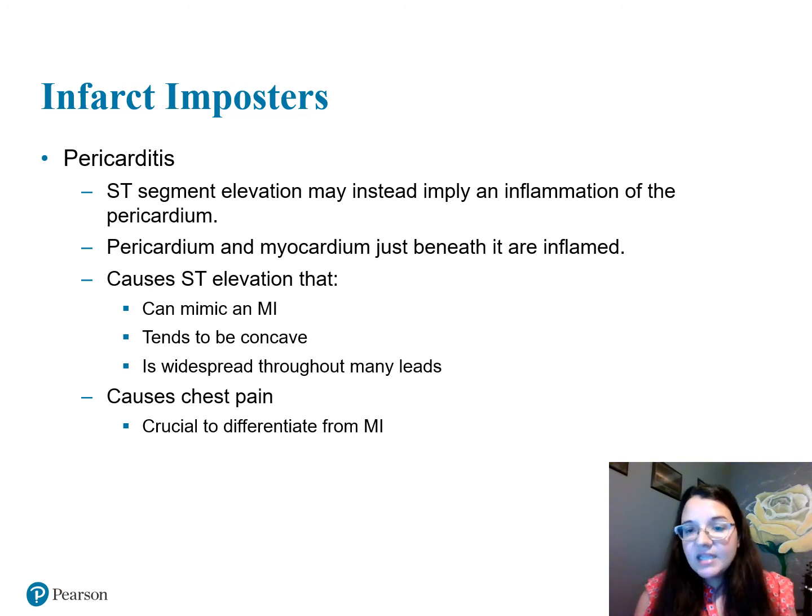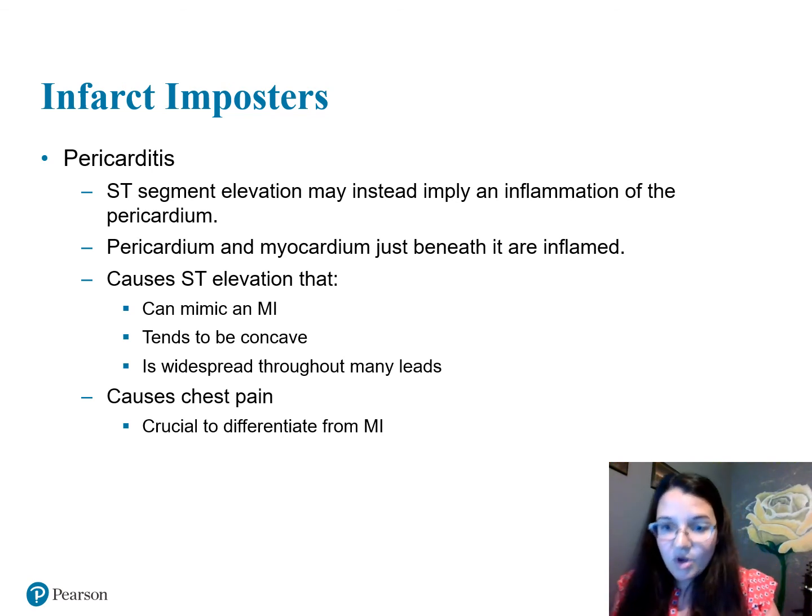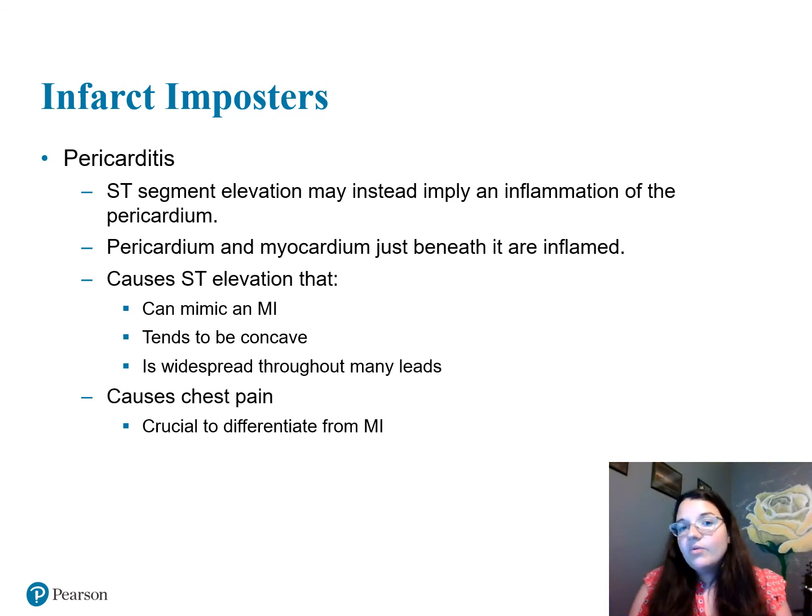So back in the beginning of this chapter, we talked about postmenopausal women can show signs of an MI, but they're actually postmenopausal. Same thing with here. Our right-sided EKG can show signs of an inferior heart attack, but it could just be pericarditis, which is inflammation of the pericardial sac.